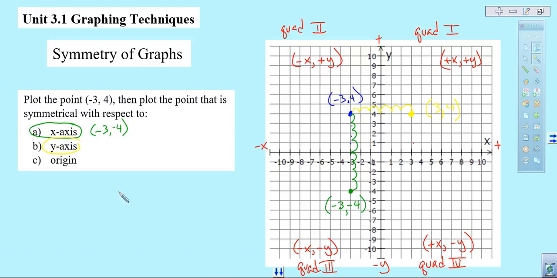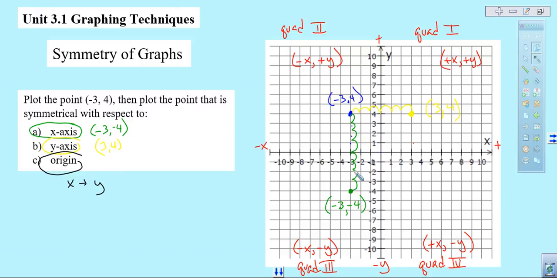Last but not least, we have the reflection over the origin. So over the origin, we have both values change. And the origin is actually a reflection over both. So it's like when you do the origin, you do a reflection over the x, and then you do a reflection over the y. So we've already done it.